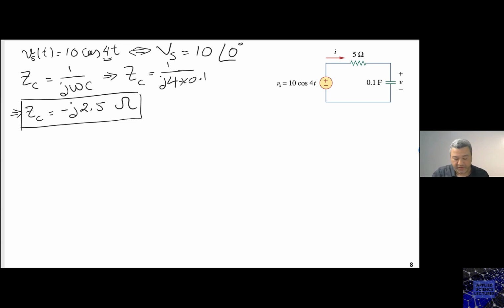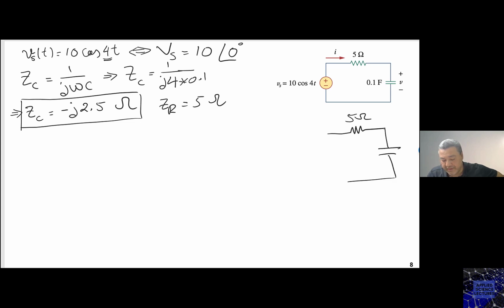So here I have ZR is 5 ohm. And I need now to find the voltage and the current. So how do I find the voltage and the current? Can somebody tell me? So let me redraw the circuit and show it to you in phasor. So I have here 5 ohm.